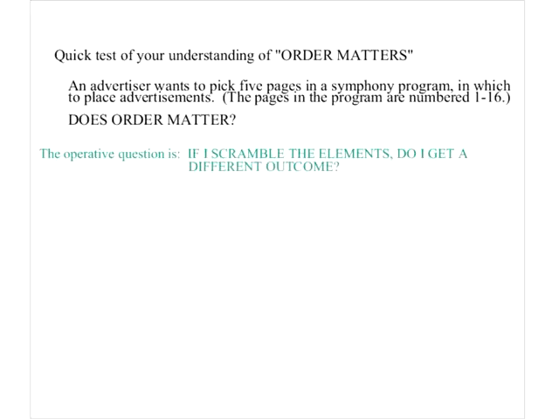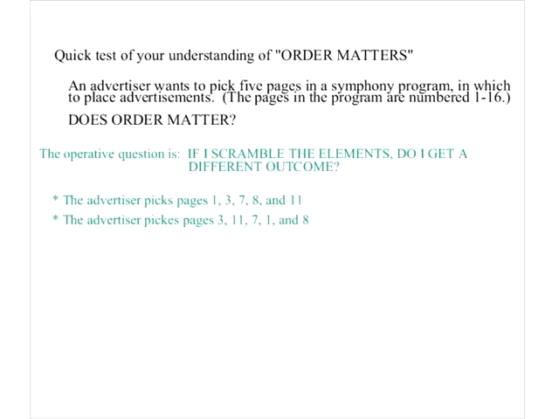So just consider a particular outcome where you scramble the elements. If I say the advertiser picks pages 1, 3, 7, 8, and 11 versus the advertiser picks pages 3, 11, 7, 1, and 8, these are not different outcomes.